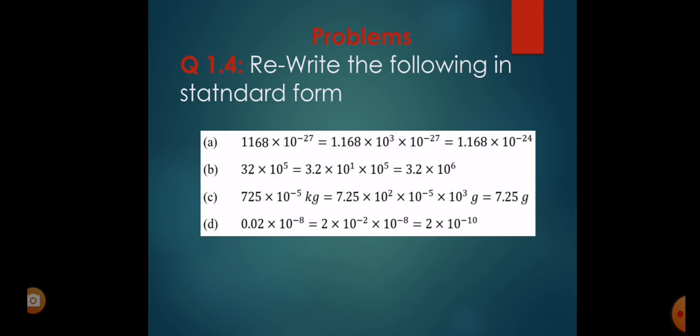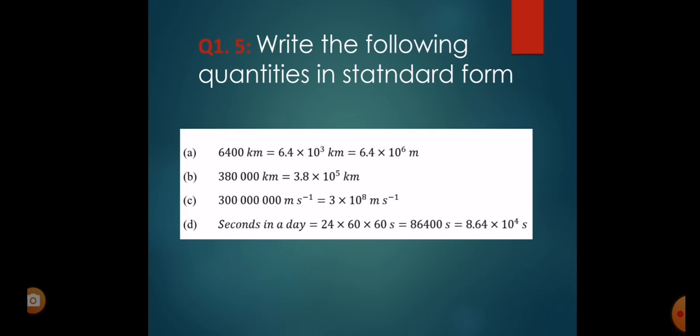So 1.4 has been solved. Come to question number 1.5. Write the following quantities in standard form. Standard form and scientific notation are the same term. 6400 kilometers. First of all, here the kilo prefix which you have studied in the previous lectures.